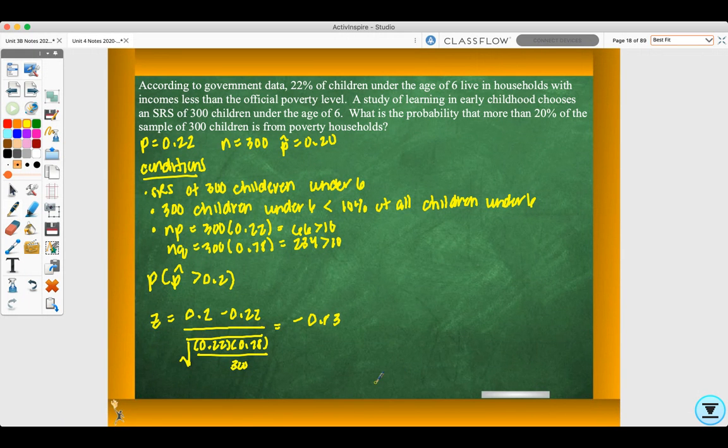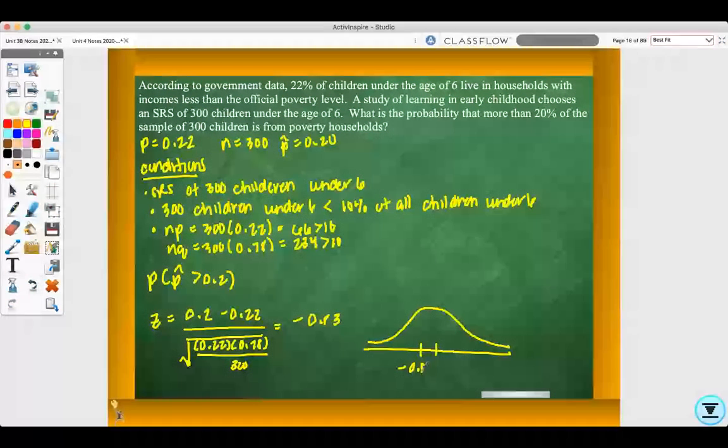Make sure that you draw a picture of this. So 1 would be here, negative 0.83 would be something like this, and we would want more than, so it would be that way.